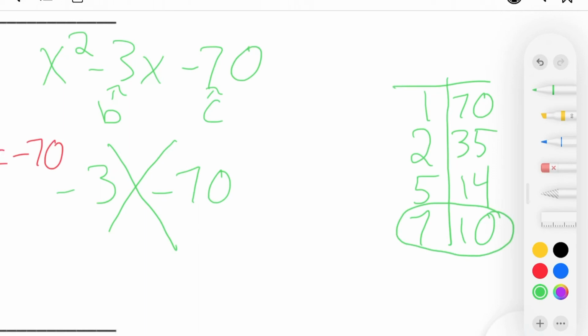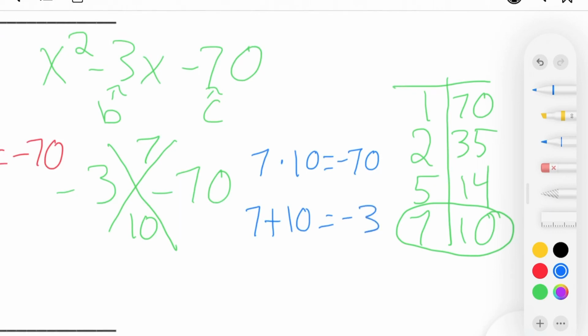So let's see if we need to adjust these magic numbers. Well, 7 times 10 doesn't give us -70. 7 plus 10 also doesn't give us -3. But let's see which one we need to make negative to make all of this true.